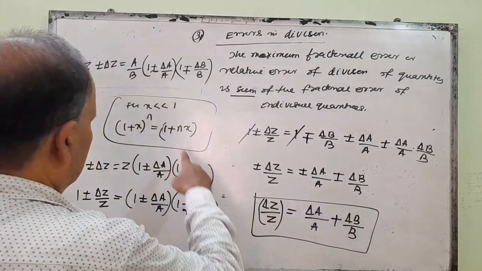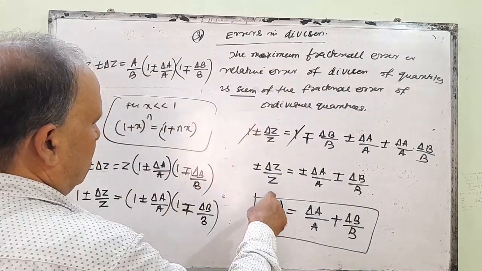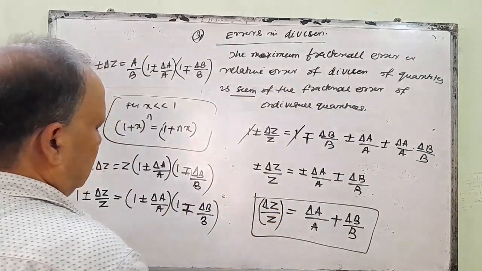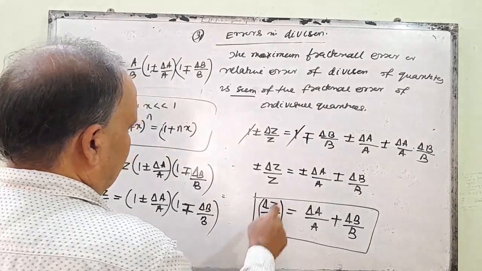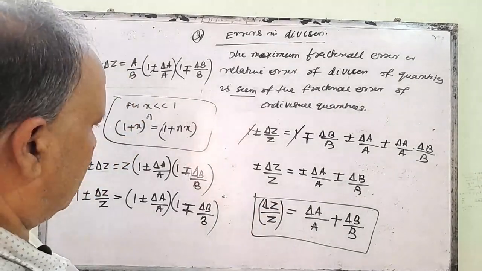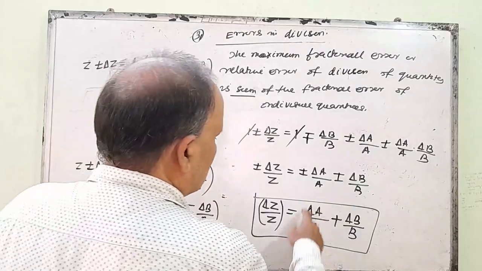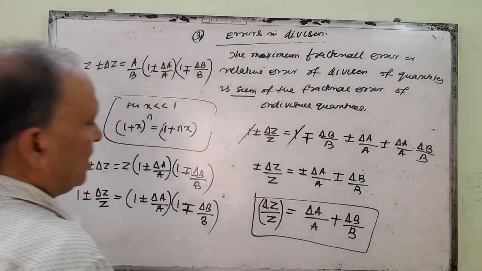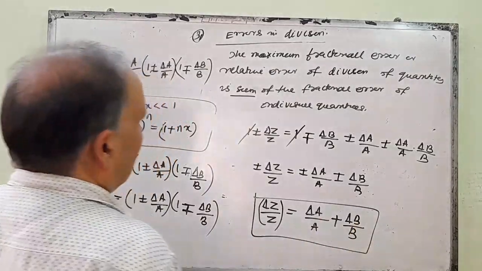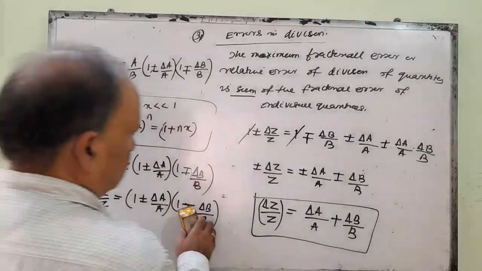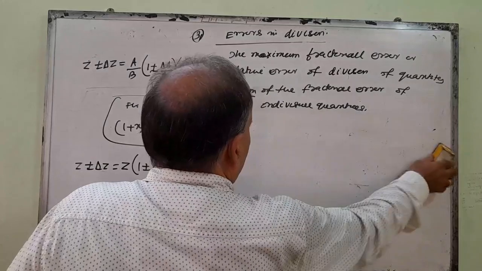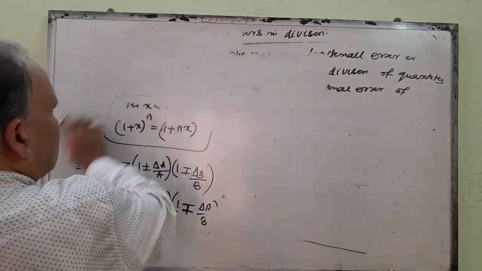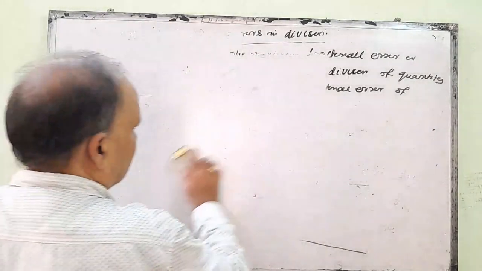In the previous case, delta Z by Z is the fractional error of a product. Here delta Z by Z is the fractional error of a division, equal to the sum of the fractional errors of individual quantities. These are the formulas.